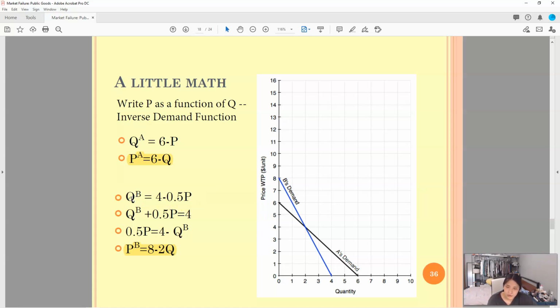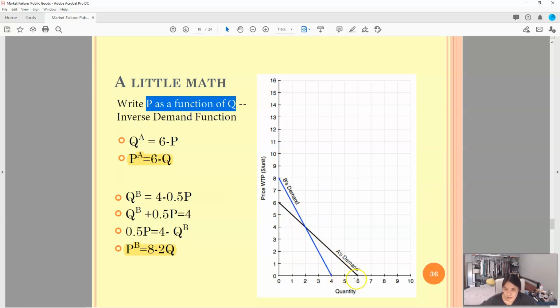So when we want P as a function of Q, we have PB equals 8 minus 2 times Q, right? So according to those 2 inverse demand functions, we can plot each one's demand curve here in this figure.